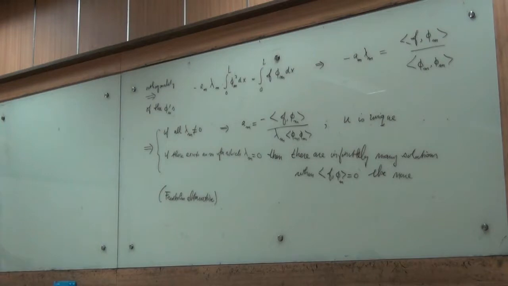If you're going to solve this, then it will turn out that you will get cosines. Because you have to solve here the equation phi double prime plus lambda phi is equal to 0. That's equivalent to saying, well, I'm getting cosines and sines as solution.